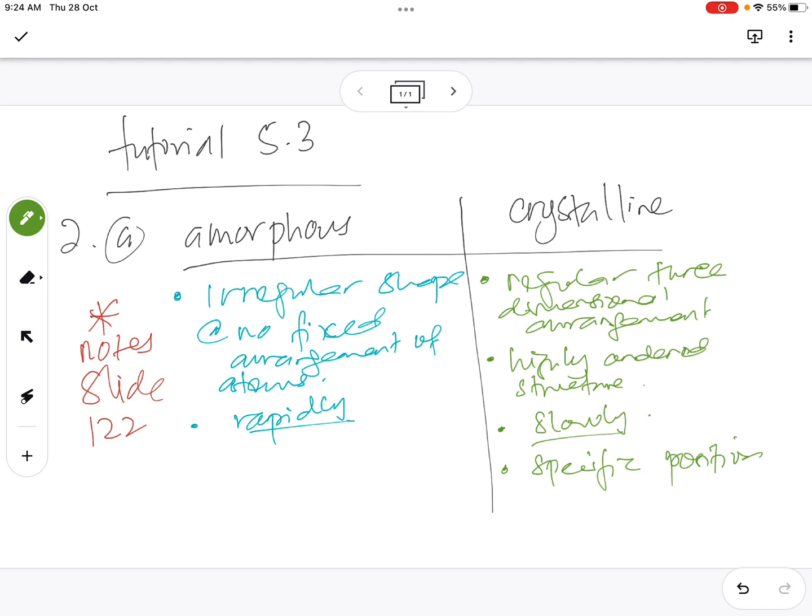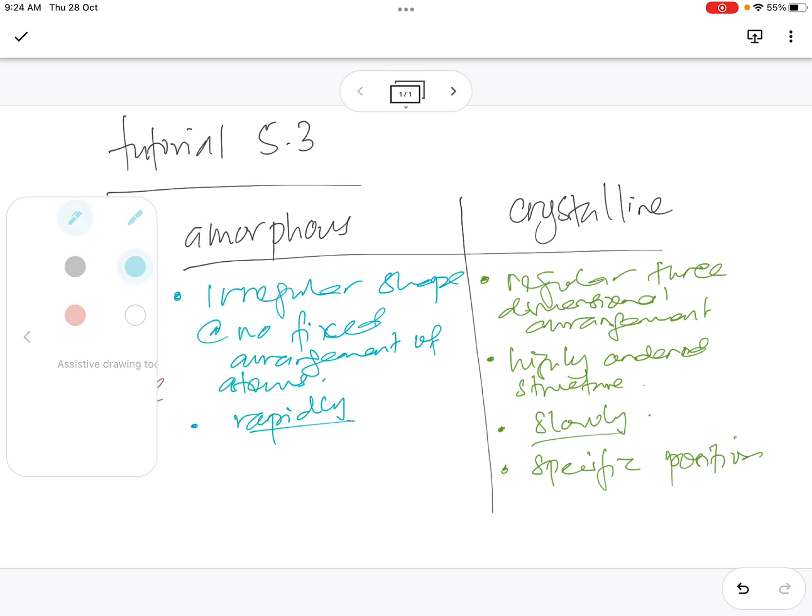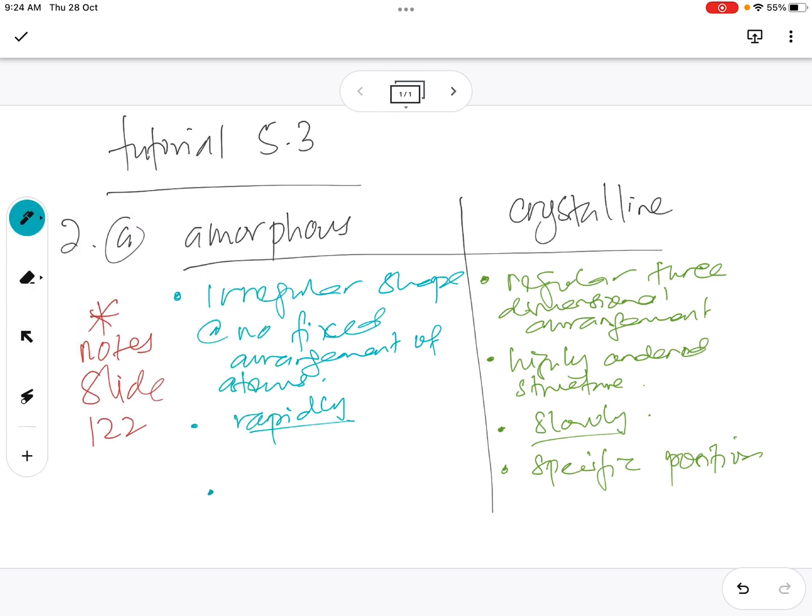And the last one will be contoh, example. Example for amorphous solid, glass. It can be glass, it can be rubber, or it can be plastic. These are the examples of amorphous solid.